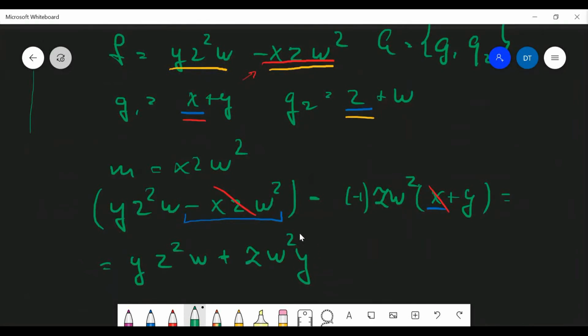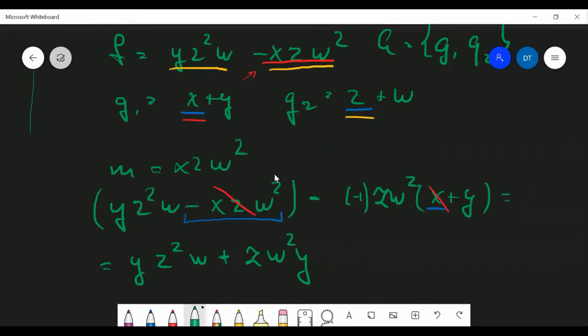If you take a look at the process, when you reduce this element with respect to this polynomial, you actually replace x with minus tail. So if you substitute minus y instead of x, you will get exactly this expression.